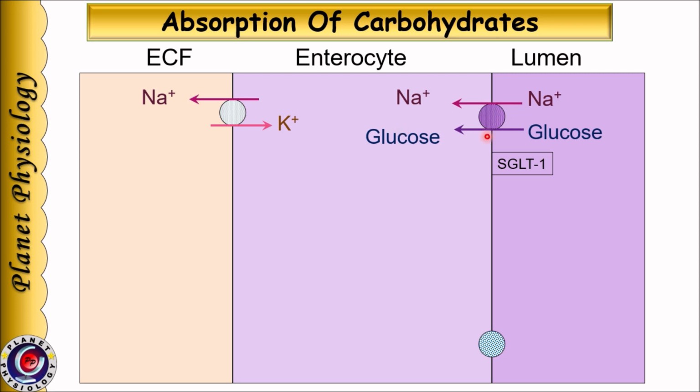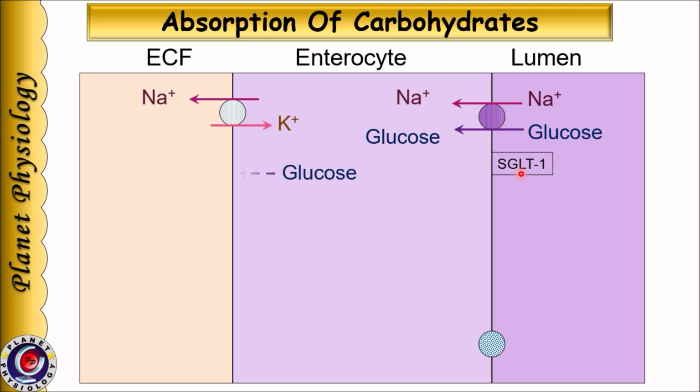This low sodium concentration facilitates entry of sodium from lumen into the enterocyte, and when sodium is entering into the enterocyte, it drags other substances like glucose along with it. Thus, glucose is transported within the enterocyte by the process of cotransport, and the glucose transporter in the luminal border of the enterocyte is SGLT1.